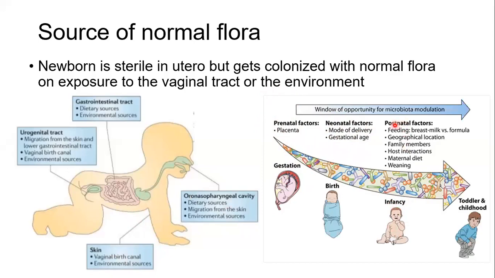At infancy, we're talking about feeding, is it breast milk versus formula, where geography has been shown to have an effect on the kind of normal flora profile an infant has, their family members, the interactions with other people or with the environment, the maternal diet and weaning has also been shown to contribute to it. And that amount of normal flora increases as they go from birth to childhood, and we'll talk about even to the elderly. There are shifts in the profile of the normal flora.